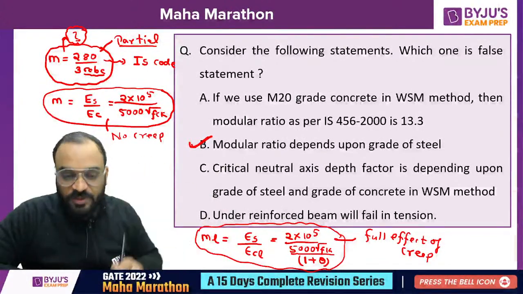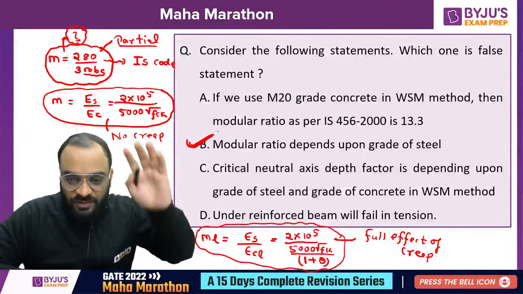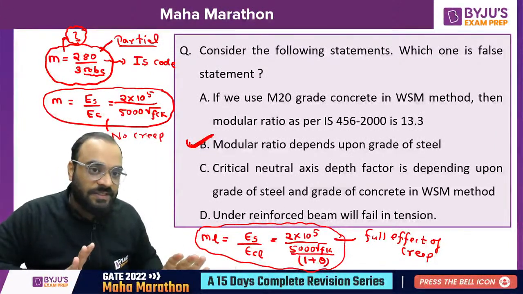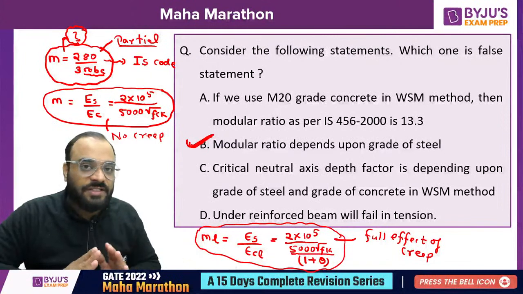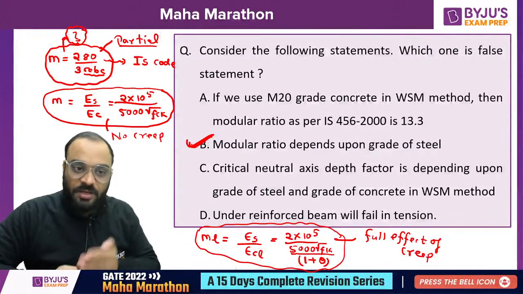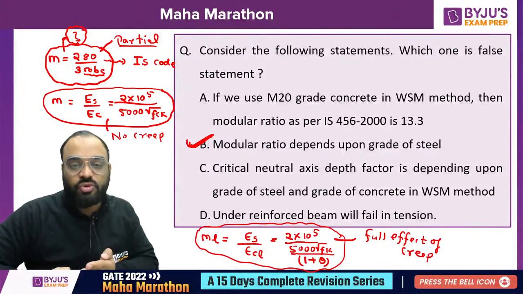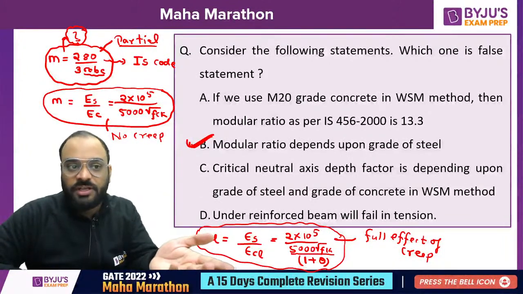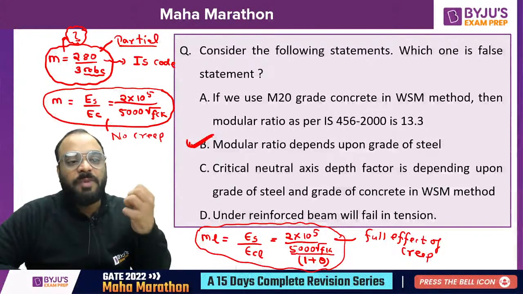Clear? So that's why, guys, B is the correct answer for this particular problem. In short term, we are not considering any kind of effect of creep. But if you talk about the IS 456 codal provision, which is the modular ratio given by the IS code, then we have partial effect of creep.